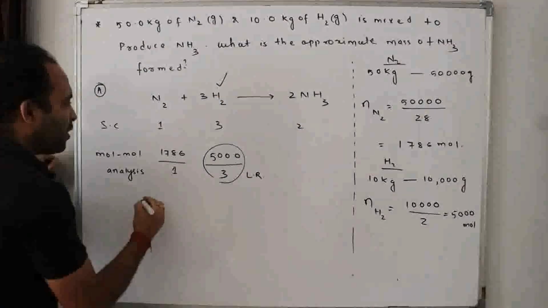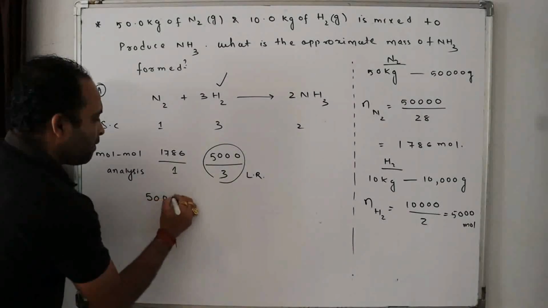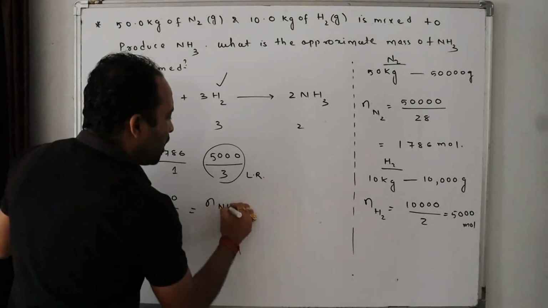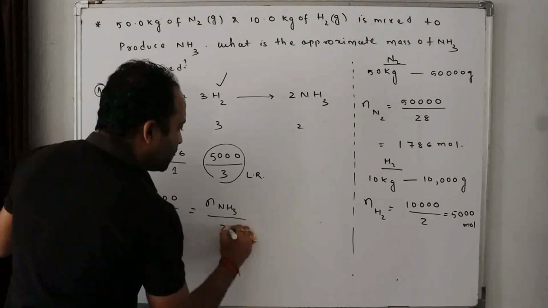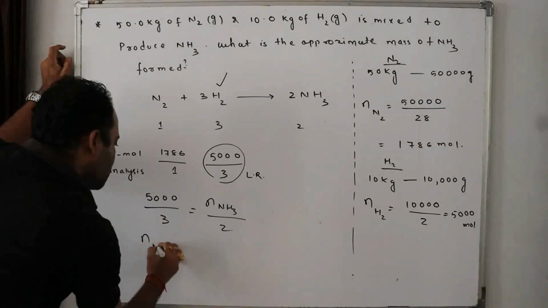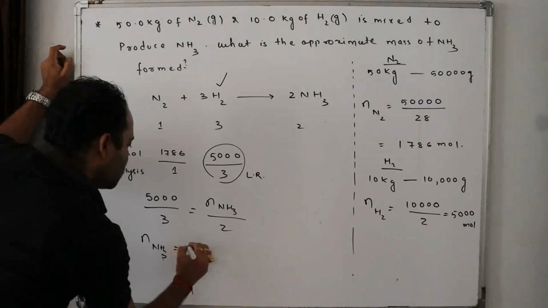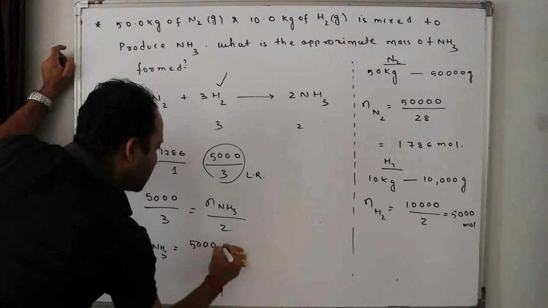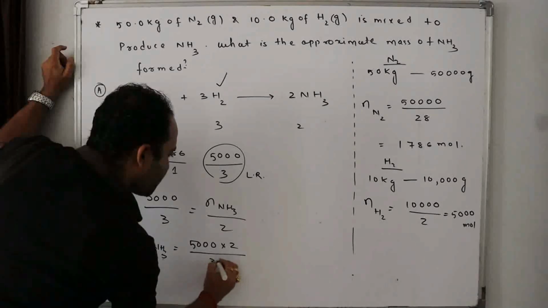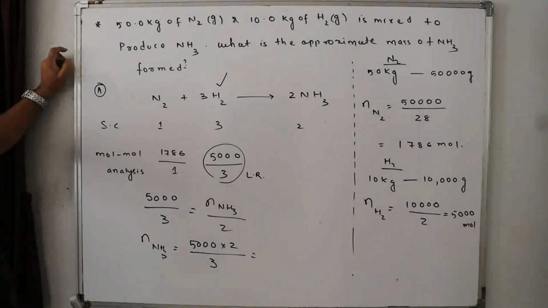If I go for the mole analysis, how can I go? 5,000 by 3 will be equal to the number of moles of ammonia formed by 2. So the number of moles of ammonia is equal to 5,000 into 2 by 3, isn't it?